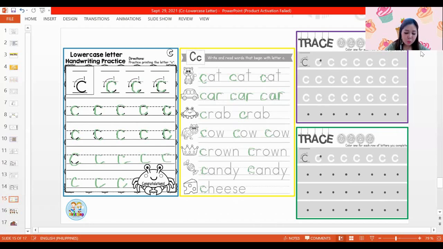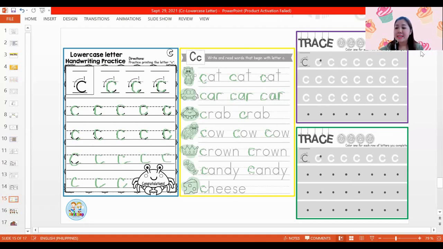You can also color the pictures here. So you have C is for cat, C is for car, C is for crab, C is for cow, C is for crown, C is for candy, and C is for cheese.